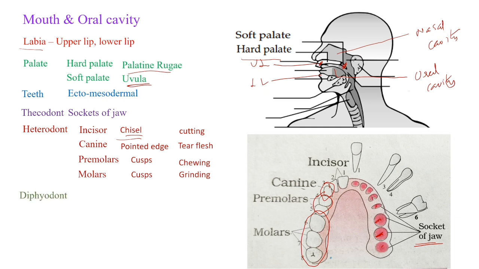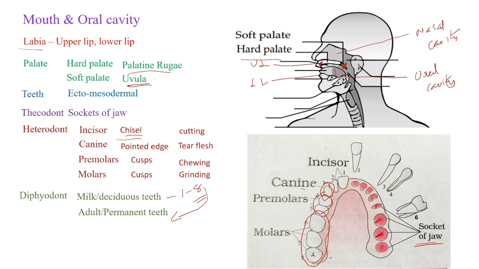As we have two sets of teeth in our life, this type of dentition is called diphyodont dentition. The milk teeth are present between 1 to 8 years. After 8 years, the milk teeth are replaced by adult or permanent teeth.